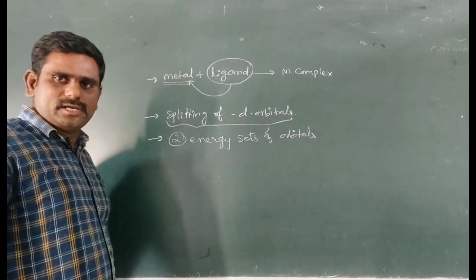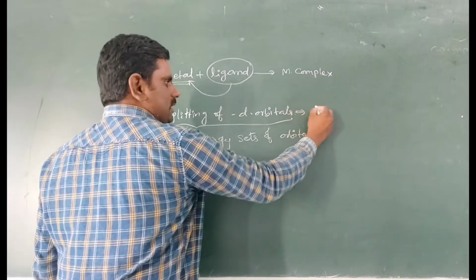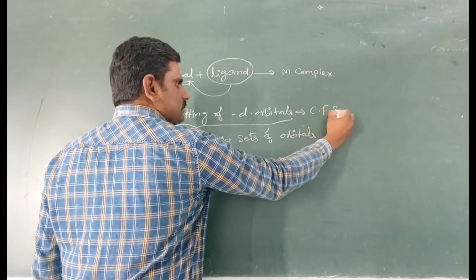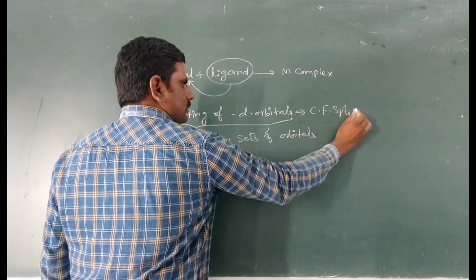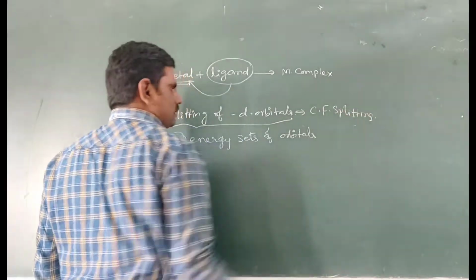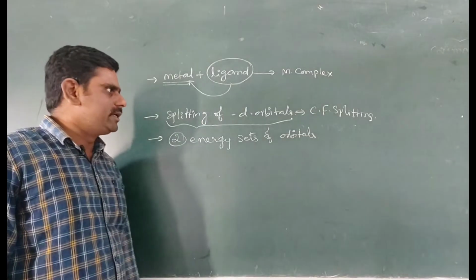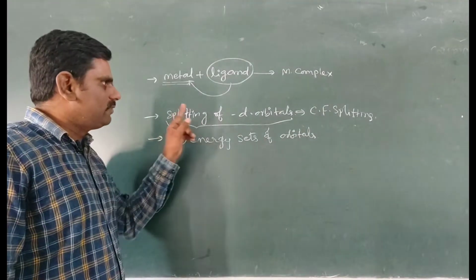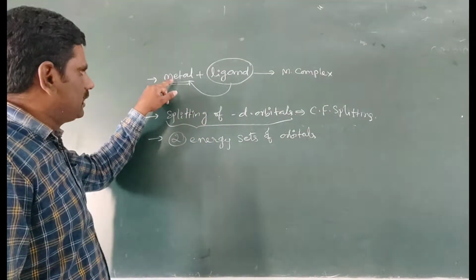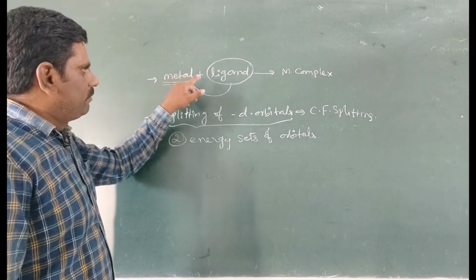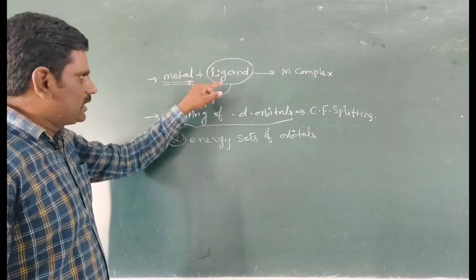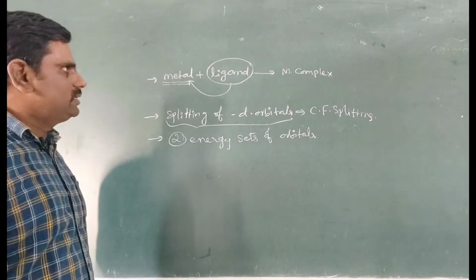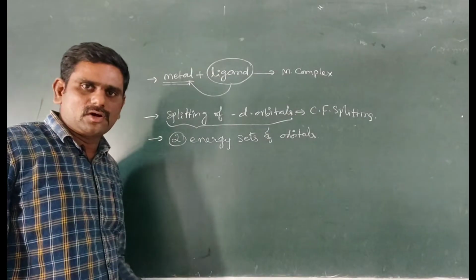This splitting is said to be crystal field splitting. Crystal field splitting means splitting of d orbitals present in the metal ion when ligand orbitals are approaching it for the formation of a metal complex.